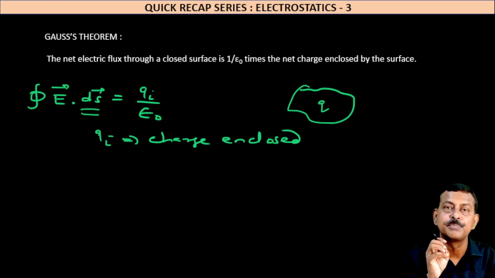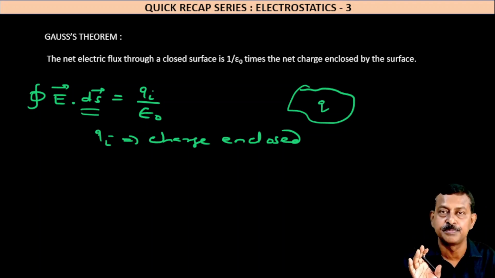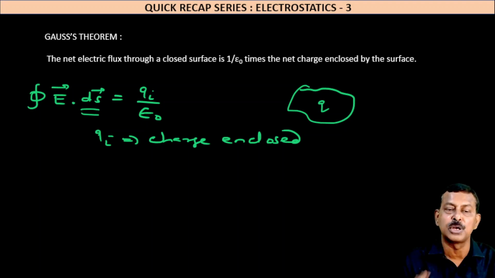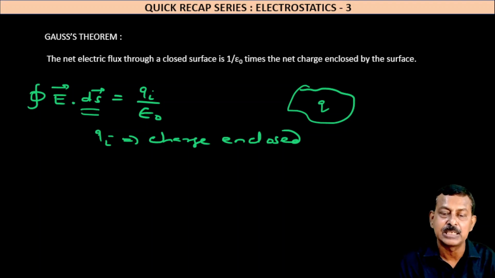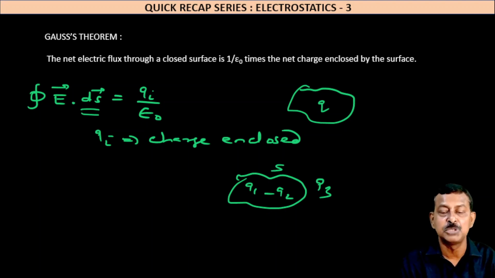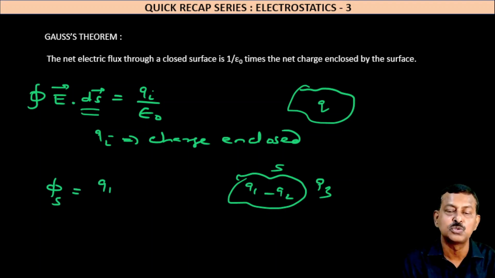This one we take only for the charges which are inside a closed surface. If charges are lying outside, they will not contribute to the electric flux. Like if I consider a closed surface here, we have the charge q1 which is positive, minus q2 which is here, and q3 is lying outside. If this closed surface is S, then the electric flux through S will be only q1 minus q2 by epsilon naught.